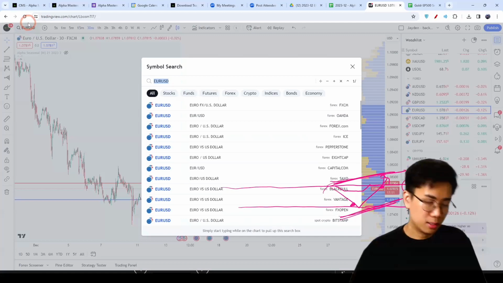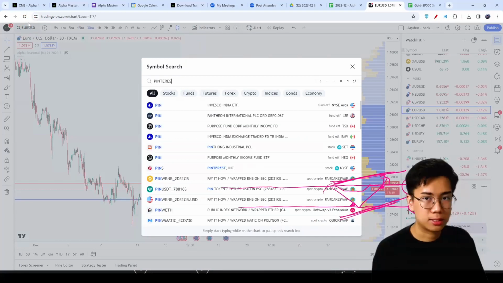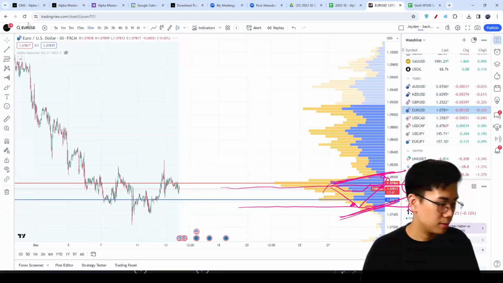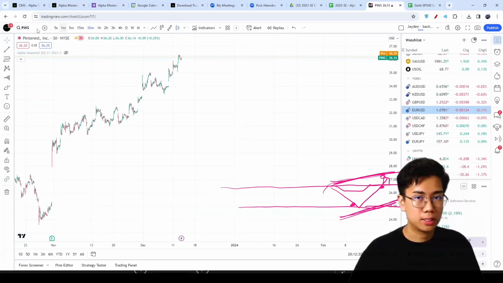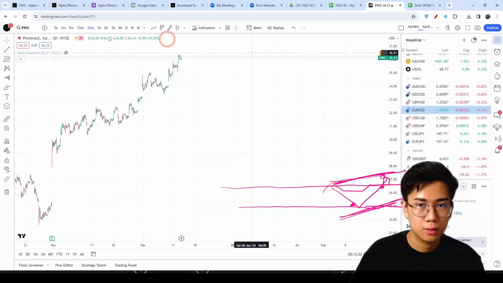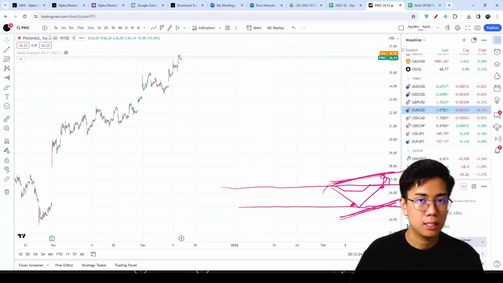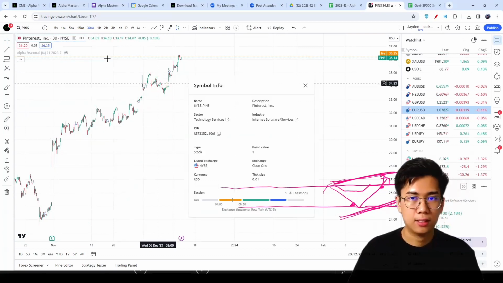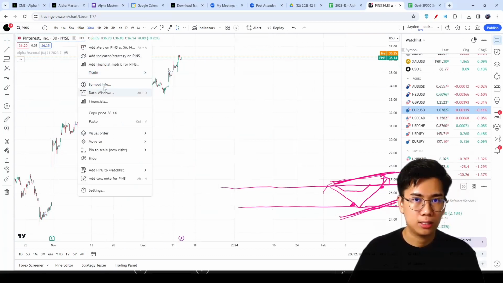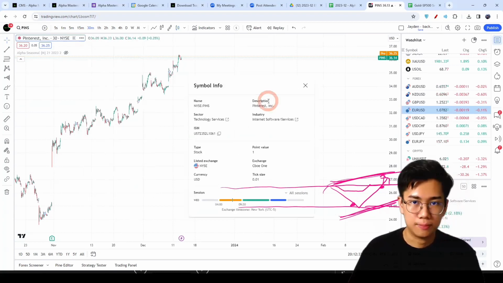By the way, I also don't know what Pinterest is. Okay, so these are stocks for Pinterest. If you want to search for Pinterest or any other market, you go to the three dots here, symbol info, to see their name.